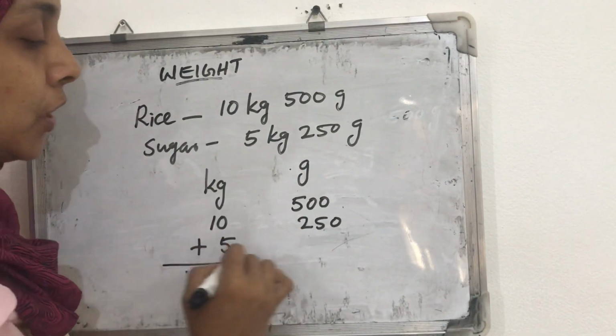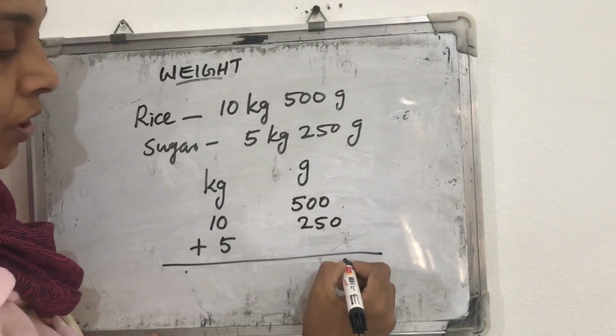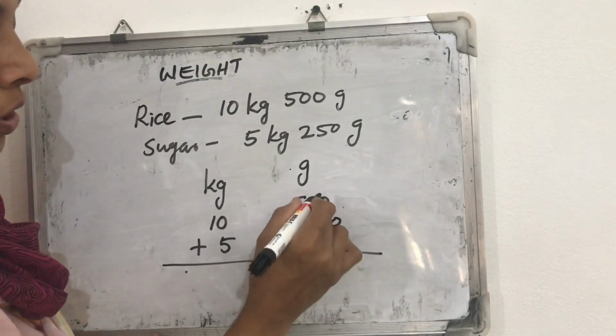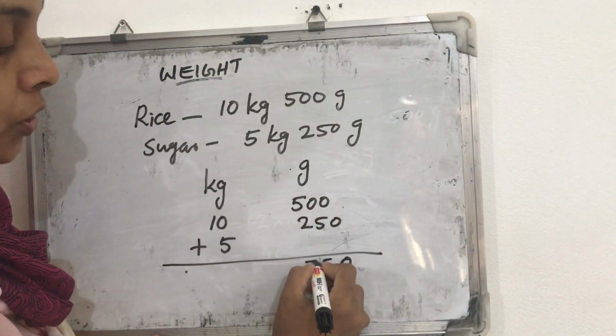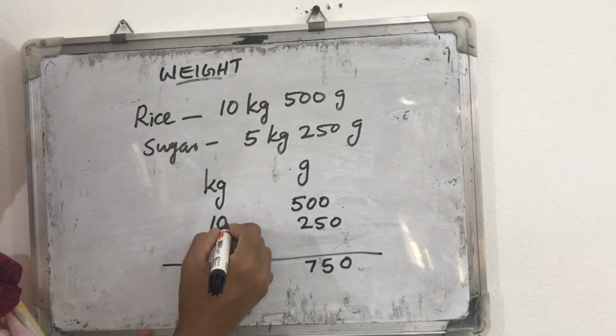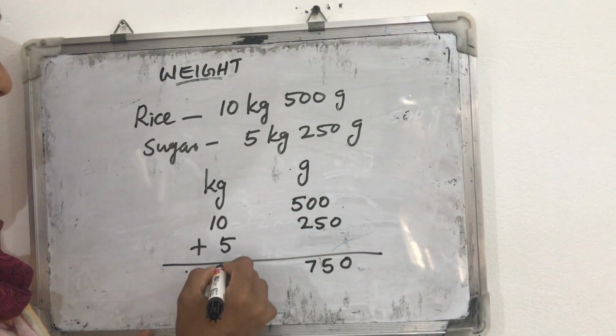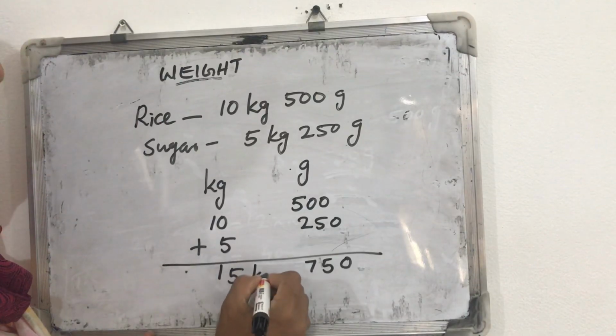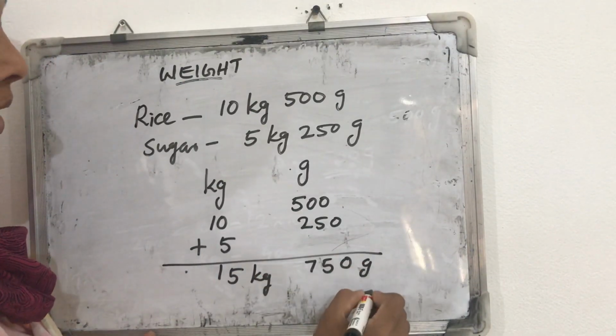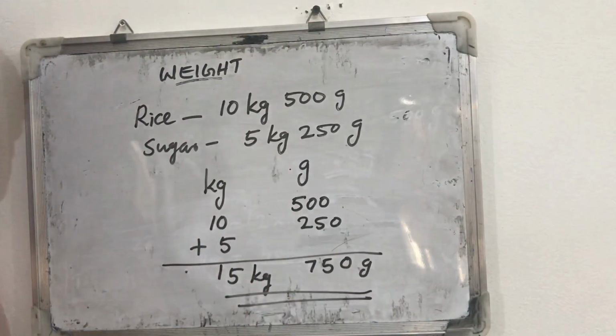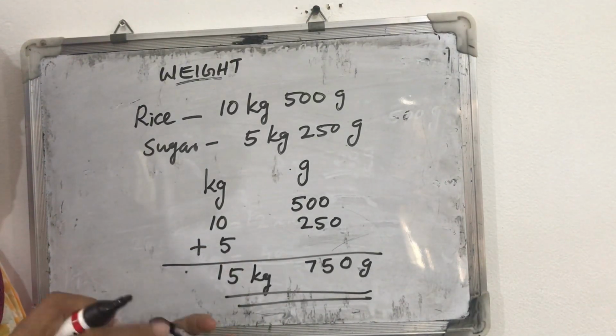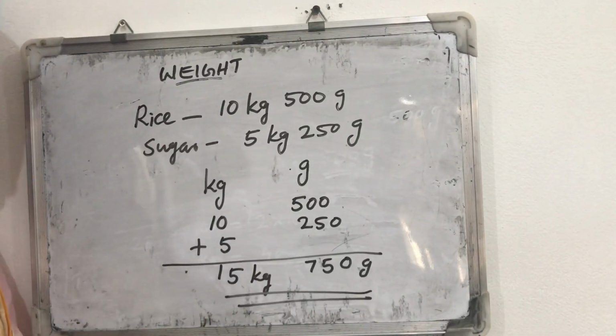Then we add these two. 0 plus 0, 0. 0 plus 5, 5. 5 plus 2, 7. And 0 plus 5, 5, and 1, 15 kilogram and 750 gram. So in this way we can add two or more weights together.